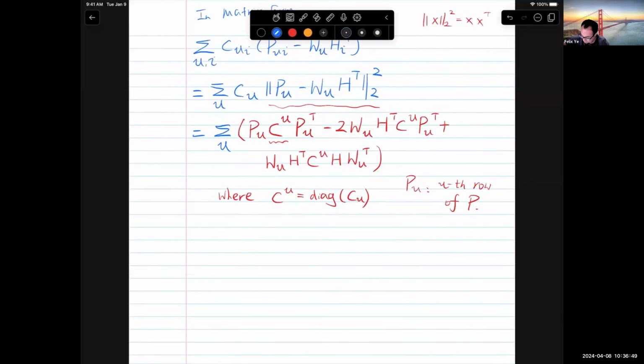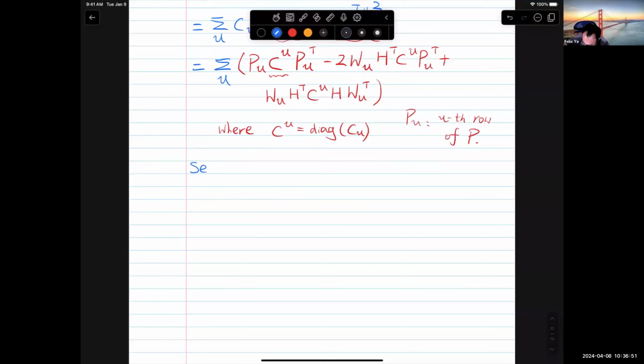I'm going to set everything as a constant: A is H transpose C of U H, and B is H transpose of C of U. Okay, so then the whole equation becomes the following.